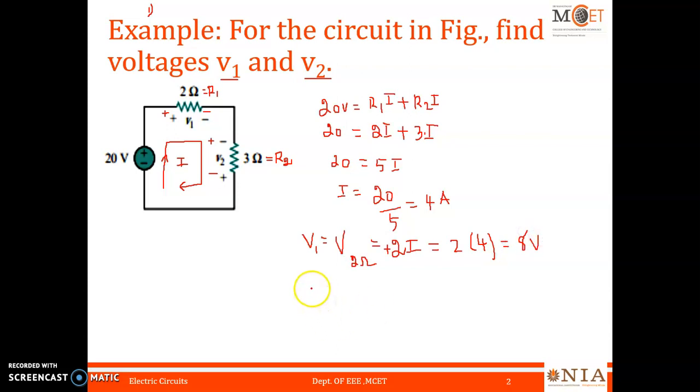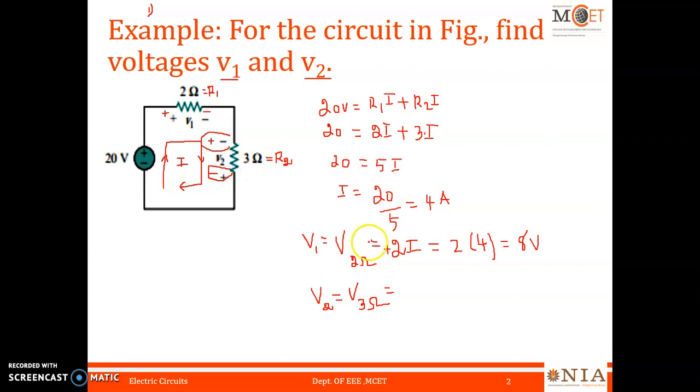Next, we have to find the voltage drop across the 3 ohm resistor, that is V2. Here the conduction path direction is from plus to minus, that is from highest polarity to lowest polarity, but the voltage drop is given from minus to plus, so both are in opposite directions.